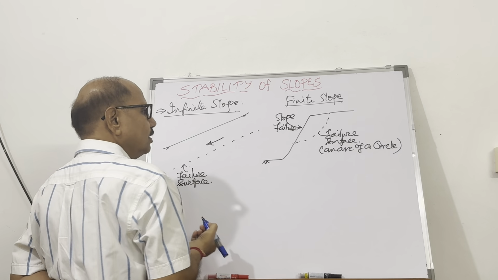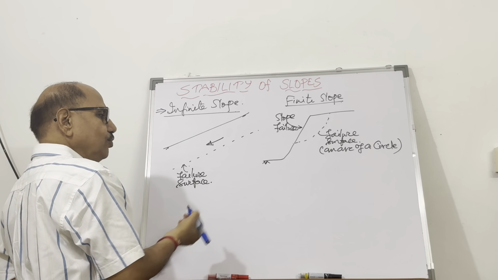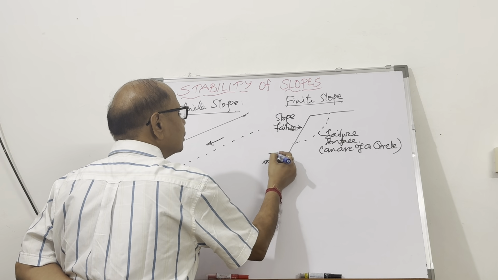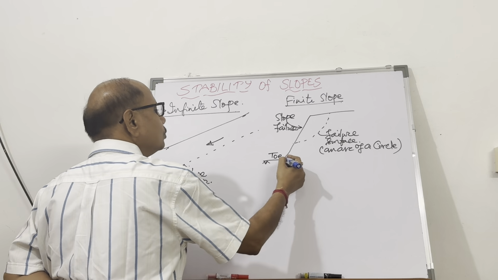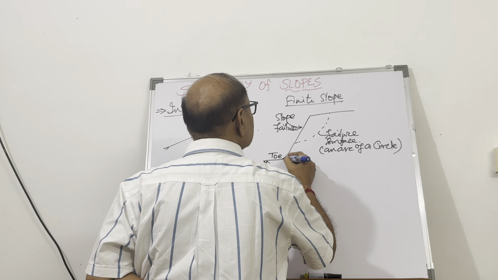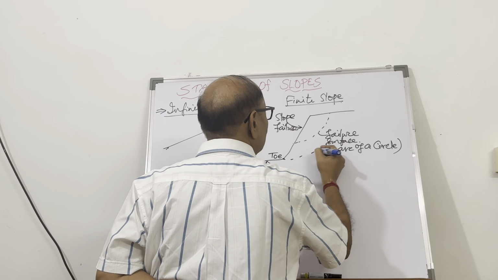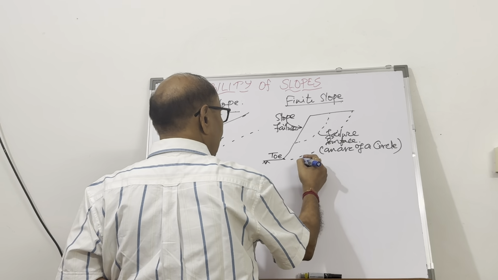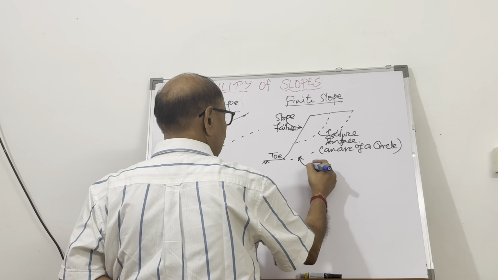This failure can also be called a toe failure. This is the toe. If the failure surface is passing through the toe, it is called toe failure.